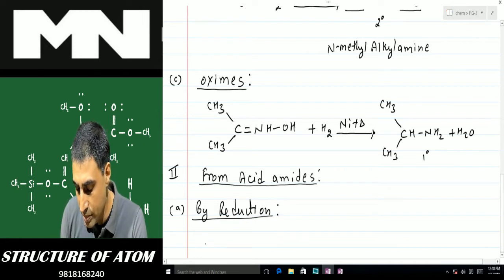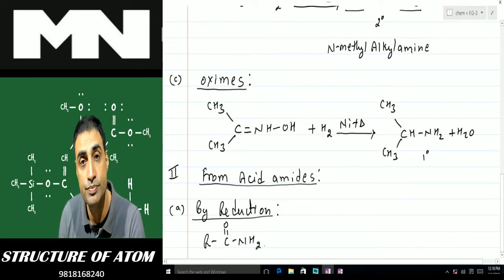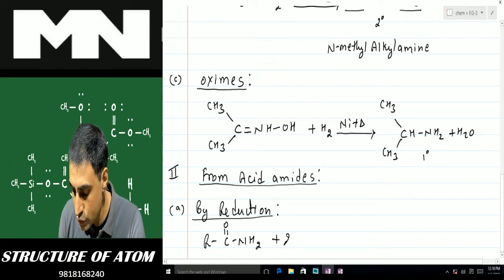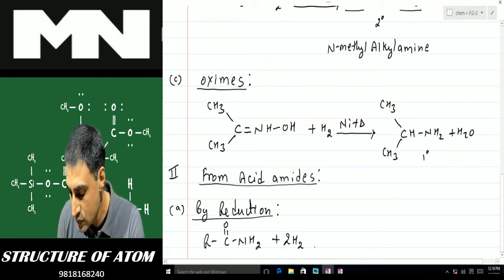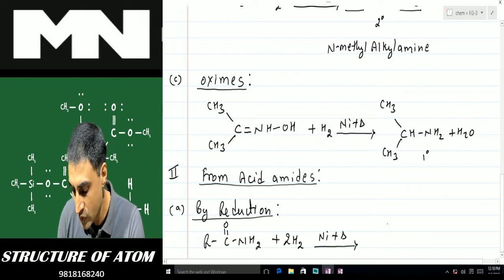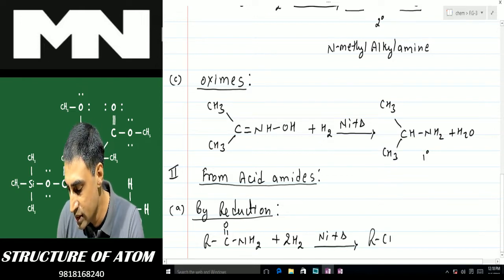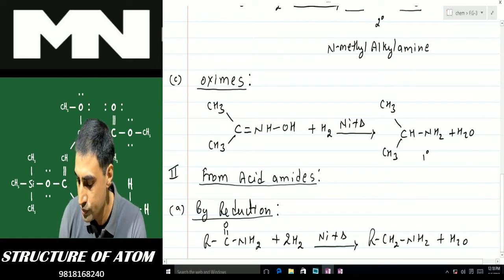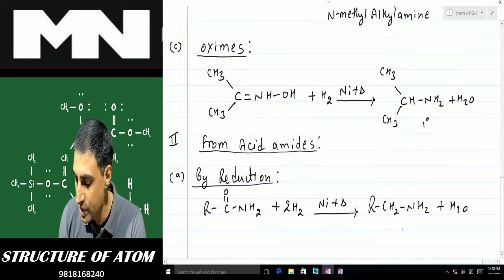So if I have a compound like RCONH2, this is the amide I have got, and I am reducing it with H2 in the presence of nickel and heat, it will give me RCH2NH2 plus H2O. In this case, you are getting a primary amine.